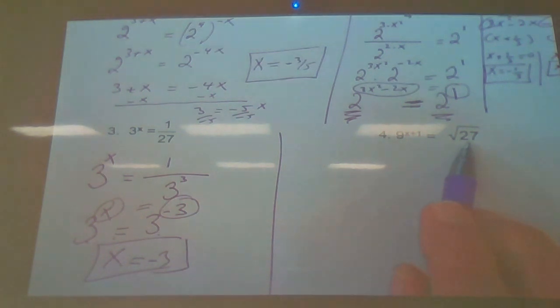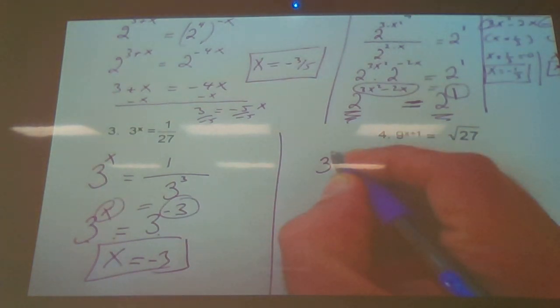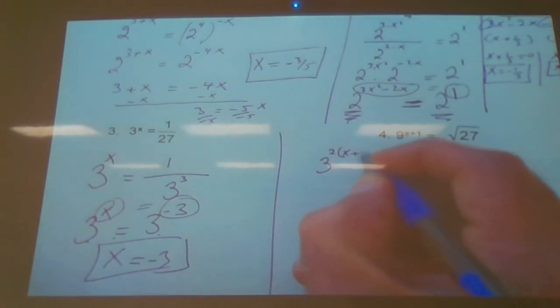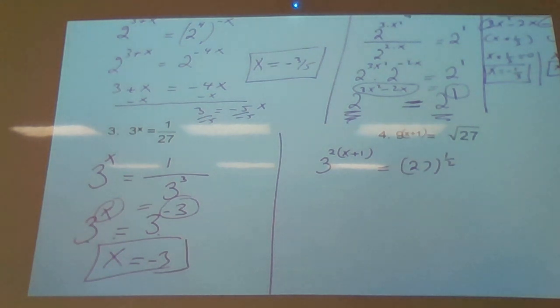Base 9, base 27. So let's see if we can fix this into a base 3. So that's 3 to the 2 times the x plus 1. Put your x plus 1 in parentheses. Equal. So this one here is a 27. Change the radical. That's a square root, so that's a half.